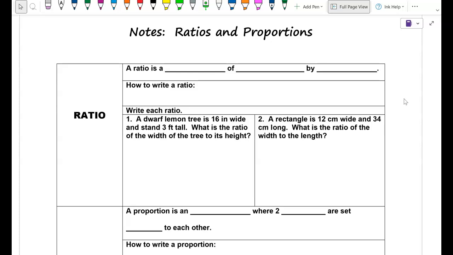So a ratio is a comparison of two numbers by division.